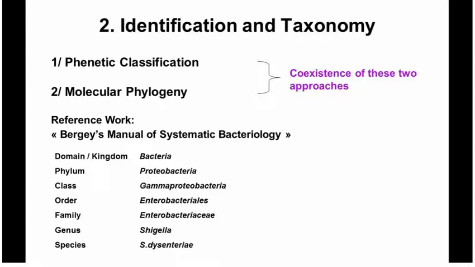So the idea is to get all bacteria to respect this quite strict Linnaean hierarchy, where you've got 1, 2, 3, 4, 5, 6, 7 levels in the classification. And then subspecies, you might have different strains of the same species of bacterium.